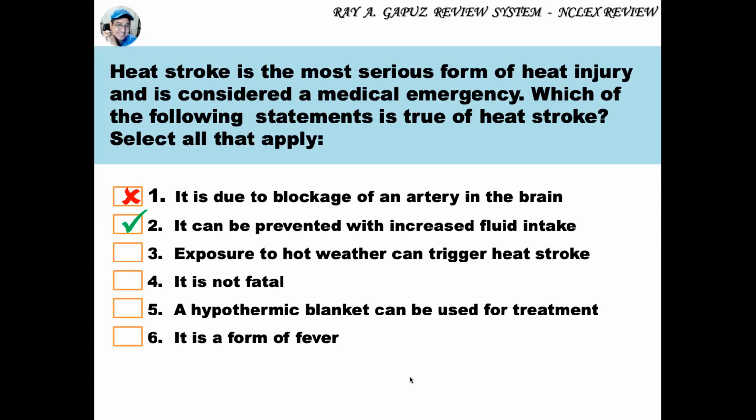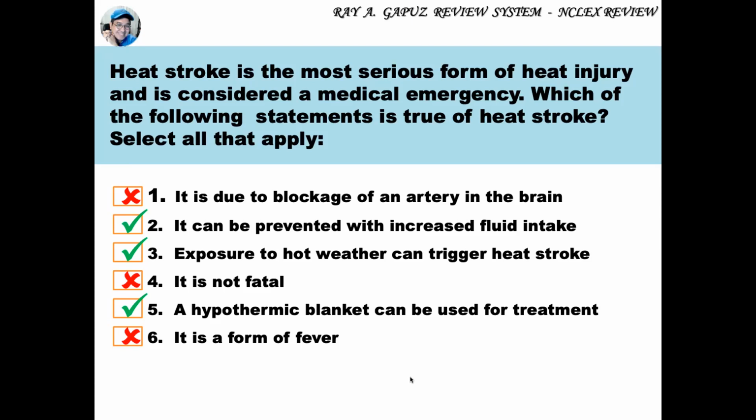Number 3, exposure to hot weather can trigger heat stroke. Of course, that's where it usually comes from. Number 4, it is not fatal. Is it not fatal? It is. Number 5, a hypothermic blanket can be used for treatment. Yes.